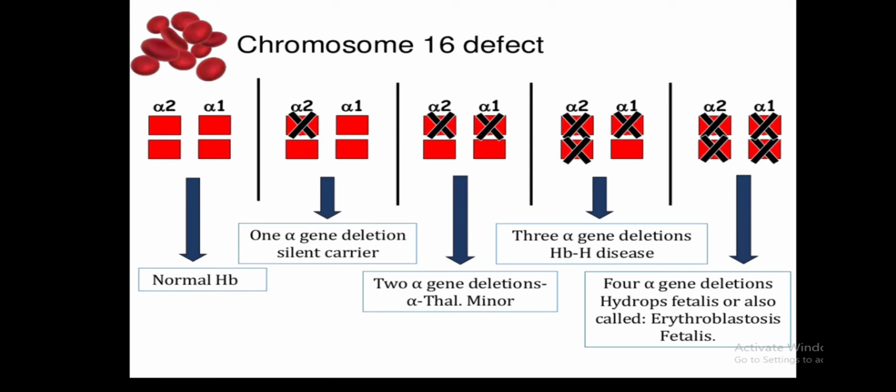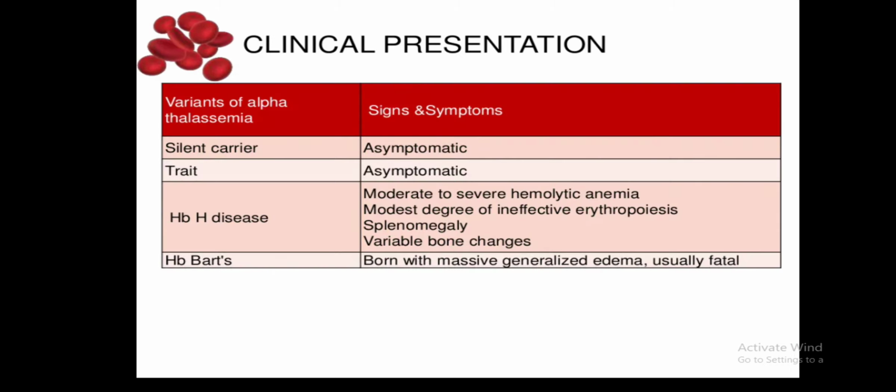So a chromosome 16 defect results in: 1 gene deletion, a silent carrier; 2 gene deletion produces thalassemia minor; 3 alpha gene deletions produce hemoglobin H disease; and 4 alpha gene deletions can result in hydrops fetalis, or what you call erythroblastosis fetalis.